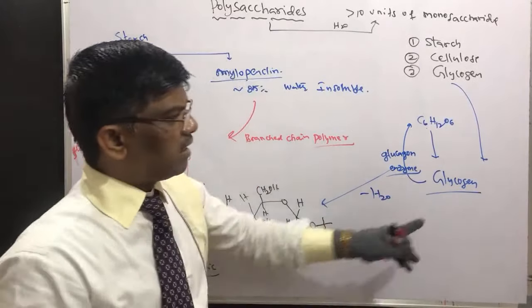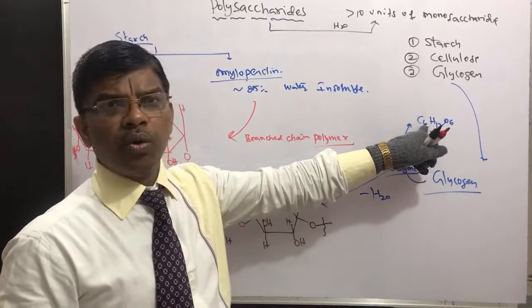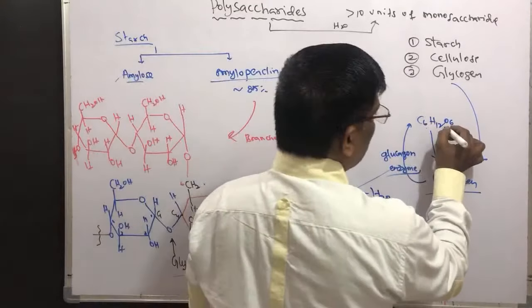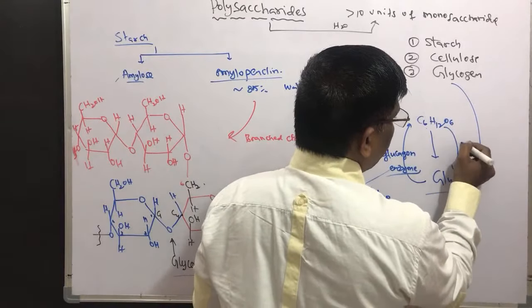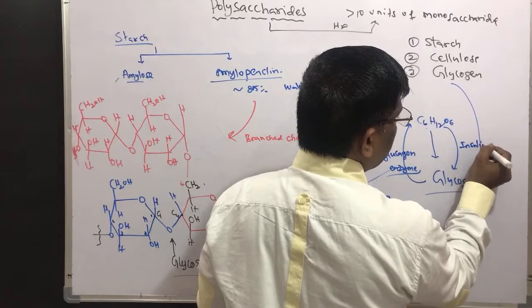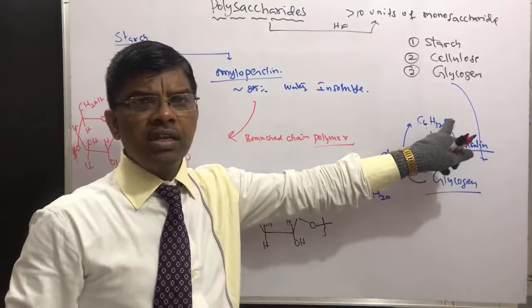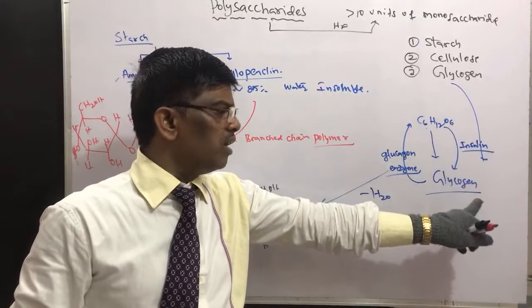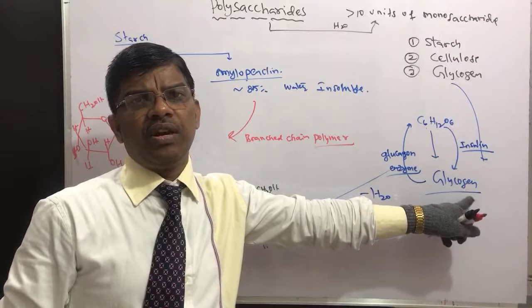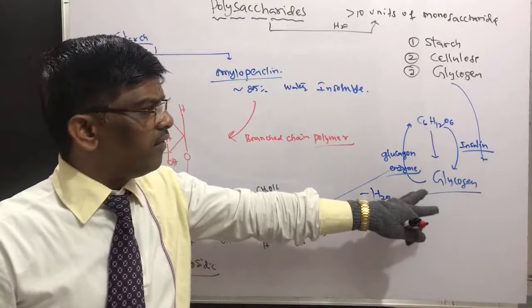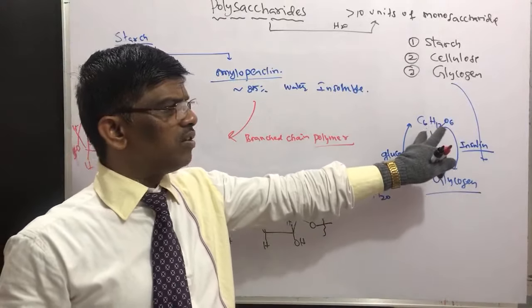So it breaks glycogen into glucose, whereas glucose to glycogen is converted by insulin. It is an enzyme. So insulin turns glucose into glycogen. So it is stored as glycogen, and when it is required, glycogen is going to give glucose.